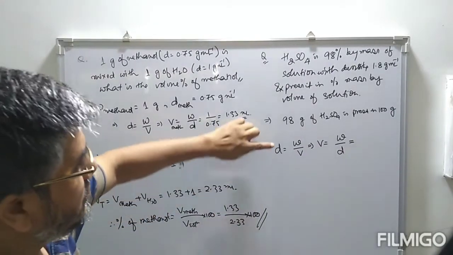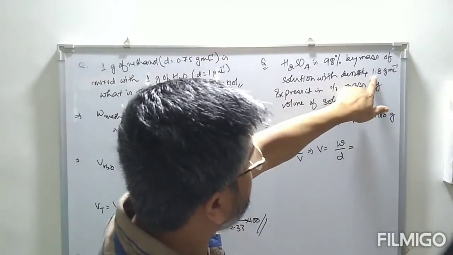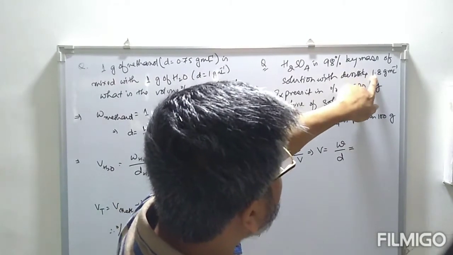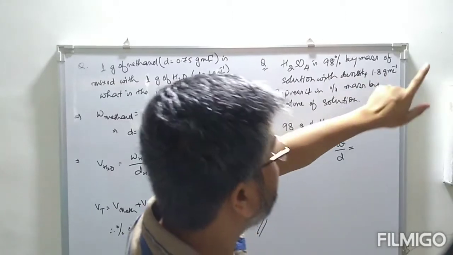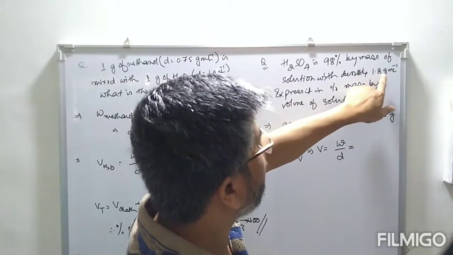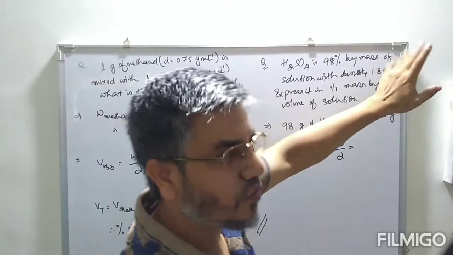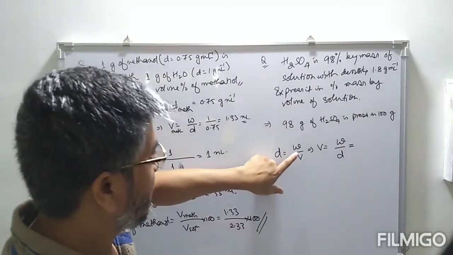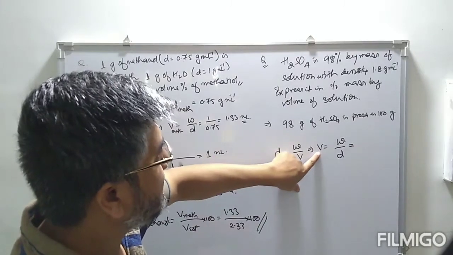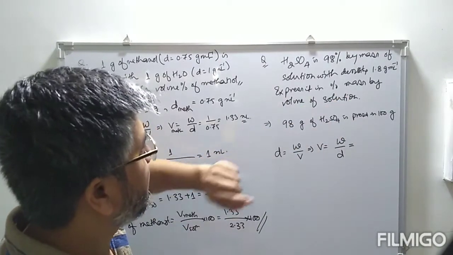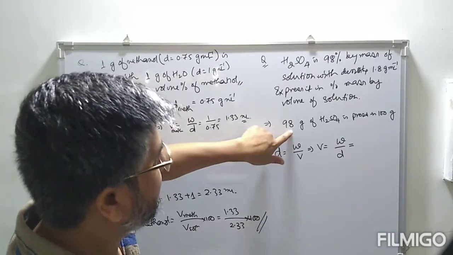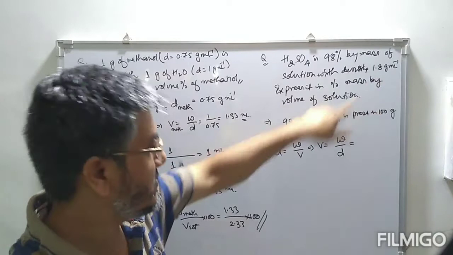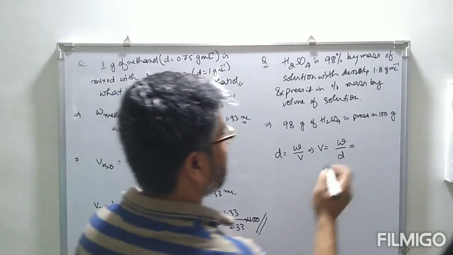So density of solution is 1.8 gram per ml. That means 1.8 gram is present in 1 ml of solution. So 1 ml contains 1.8. Then how much volume will 100 gram occupy?